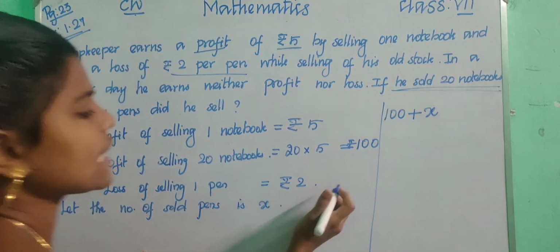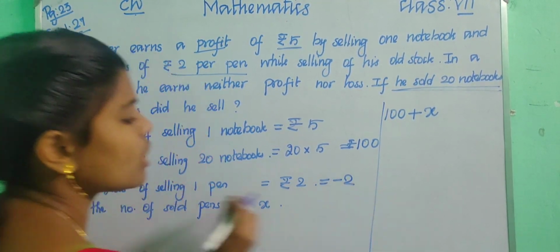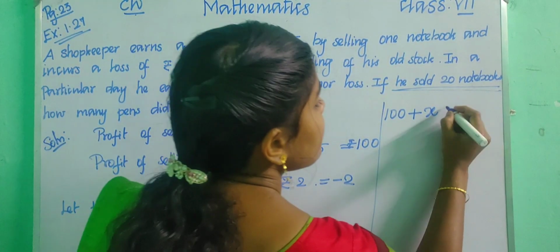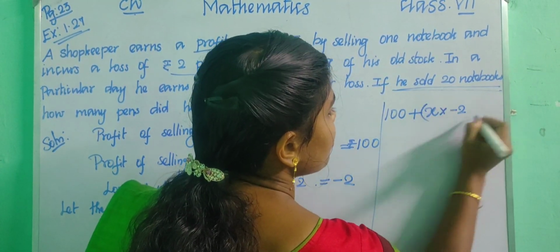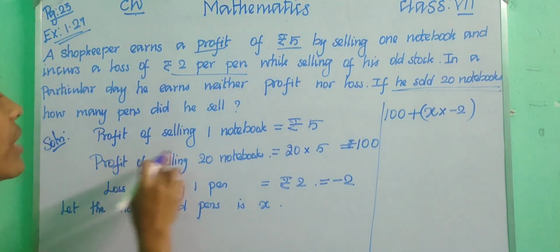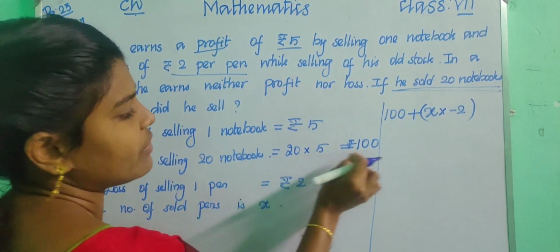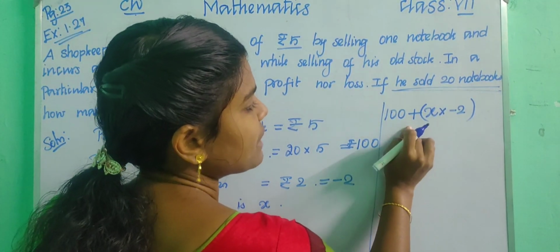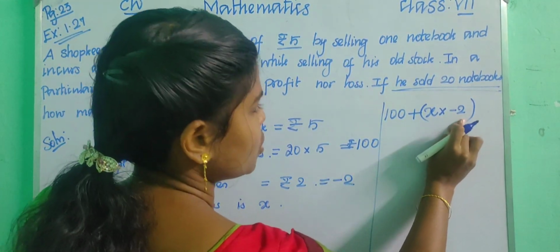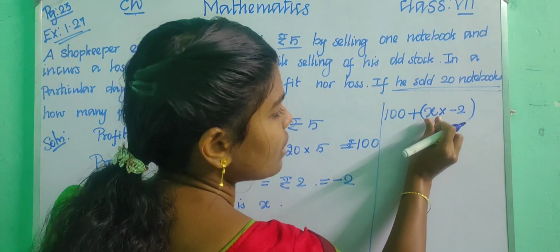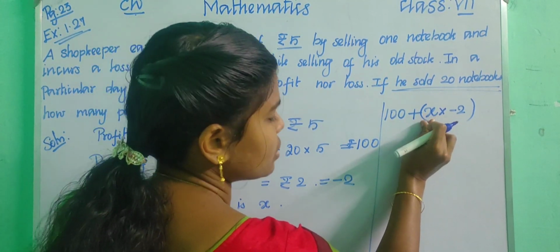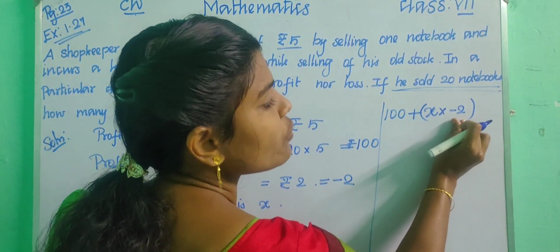Loss means we can write it as minus 2. So X into minus 2. We multiplied 20 into 5 and got 100. So 100 plus X into minus 2, that is the total number of pens sold into the loss for that pen.